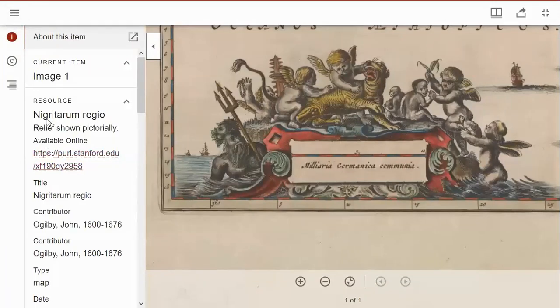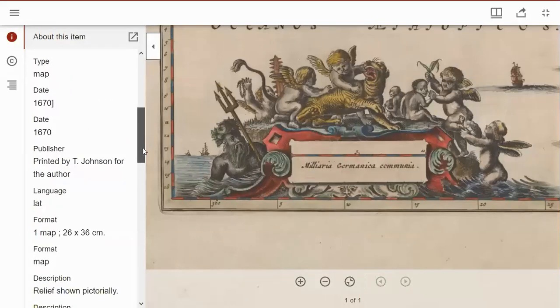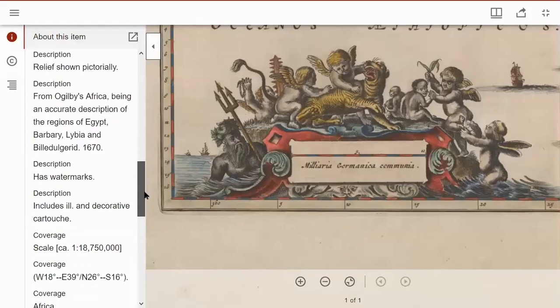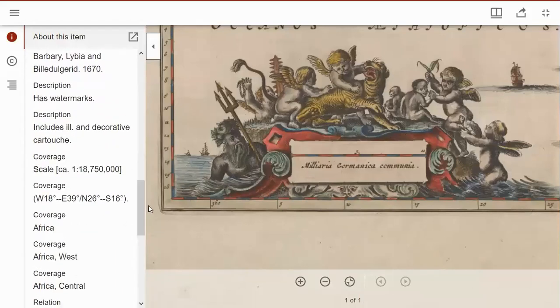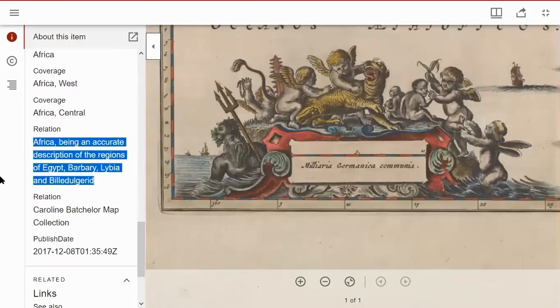The details here are given by looking at the side metadata. This was published in 1670 and available in various forms that you can see are cited here, including the description of the title translated into English.